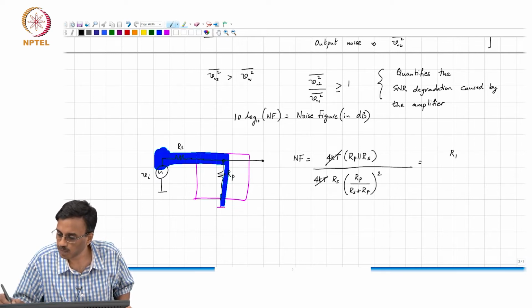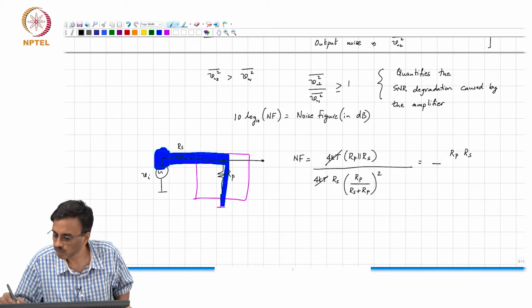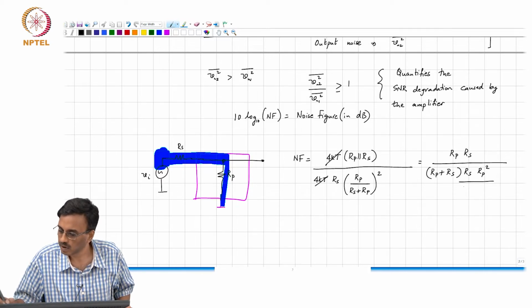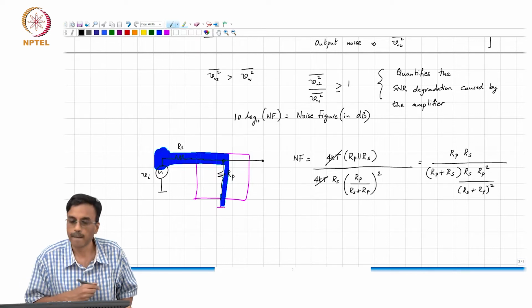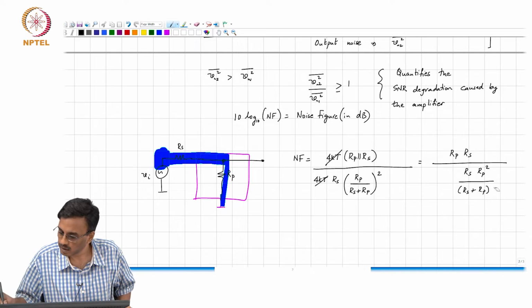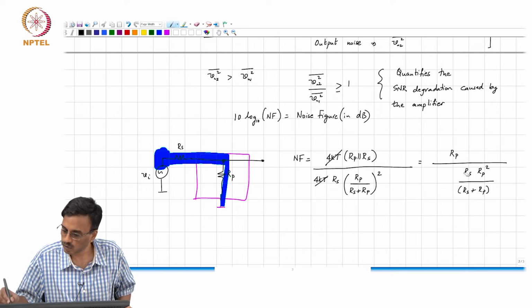So, this is RP RS divided by RP plus RS times RS times RP square by RS plus RP the whole square, all right, and therefore, this goes away, this goes away, and so on.